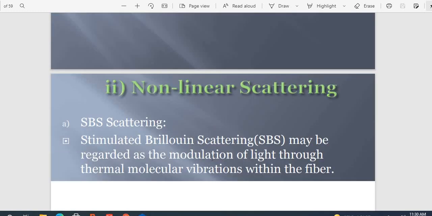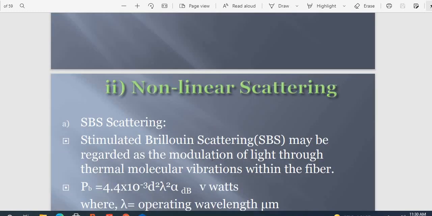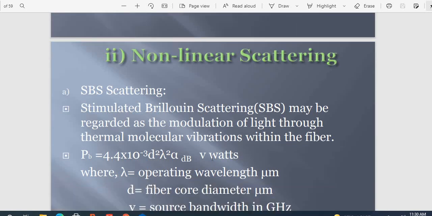Next we go to the next type of scattering, non-linear. So basically, students, what is non-linear? Non-linear is all about SBS scattering. What does SBS stand for? Stimulated Brillouin scattering may be regarded as the modulation of light through thermal molecular variations or vibrations within the fiber. This is inside the fiber.